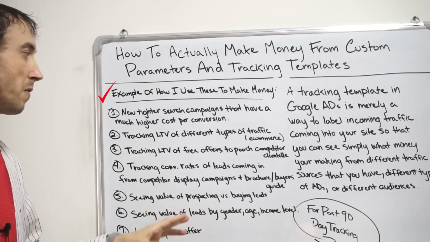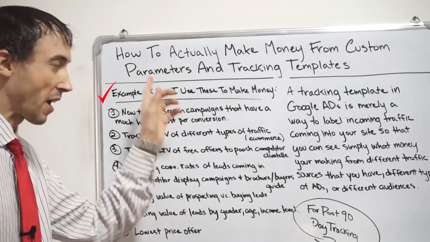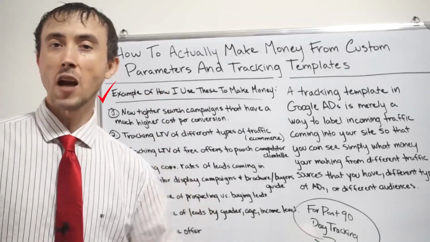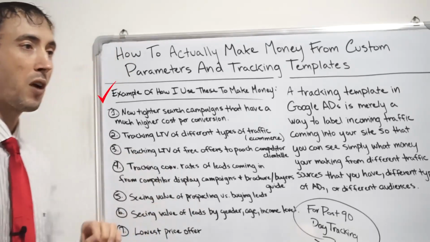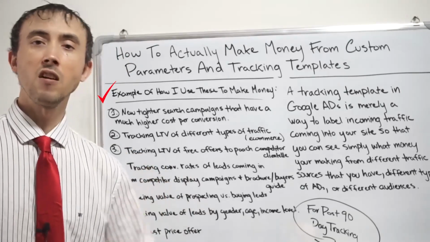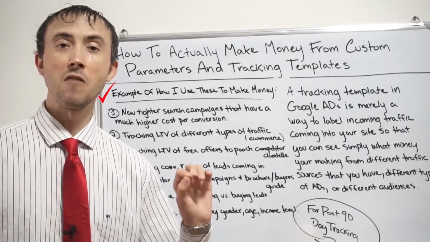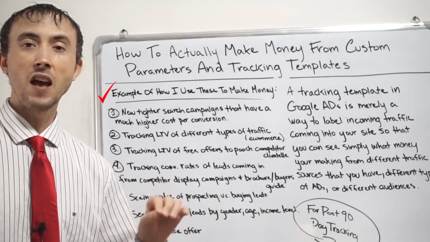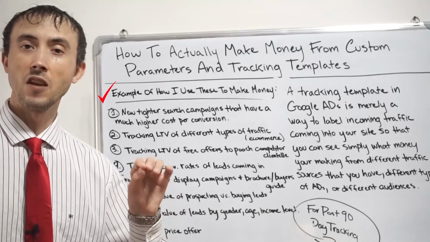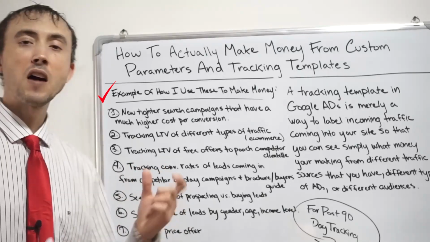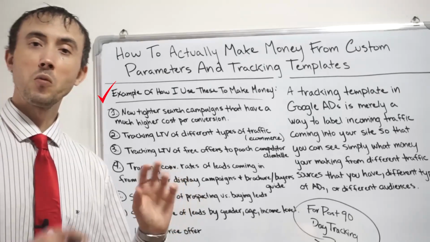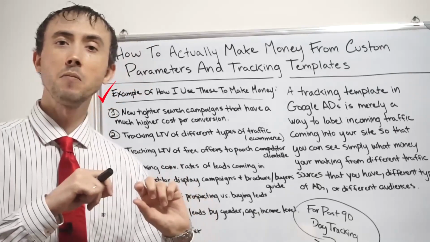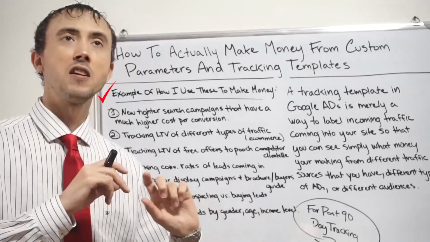Now, before I do this, note that you could use something called value track parameters. Using the final URL suffix through Google Ads, in the ads menu, in the advanced settings on the ads editing menu, you can put value track parameters, which will take the information about the keyword, the campaign name, the ad group, or sorry, not the ad group name.